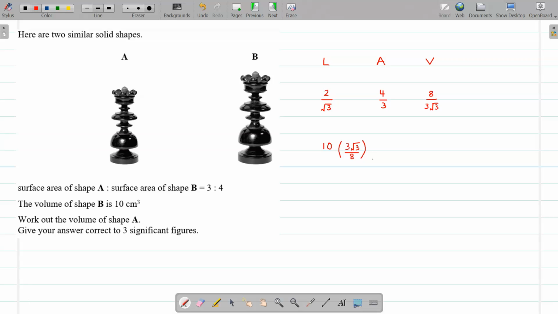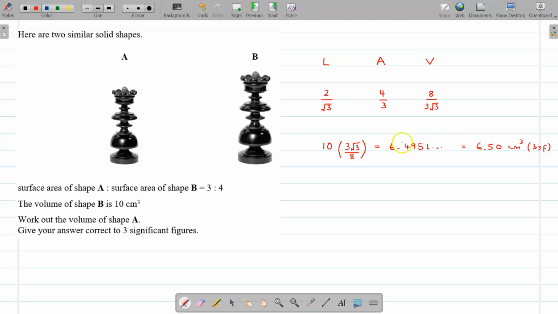Now, when you put that into the calculator to 3 significant figures, you get 6.4951, and it's a decimal that just goes on, but you've got to give it to 3 significant figures, so it's 6.50 centimeters cubed to 3 significant figures.